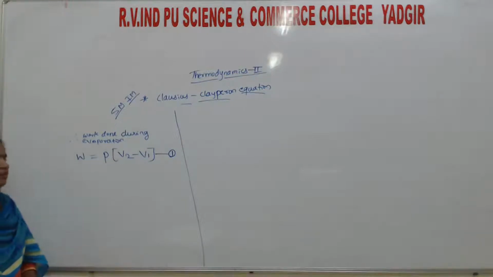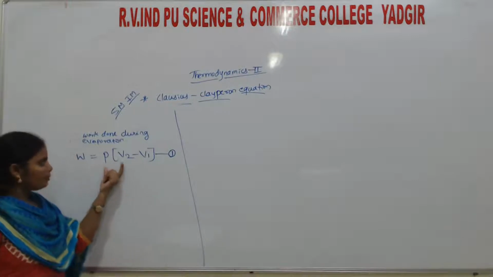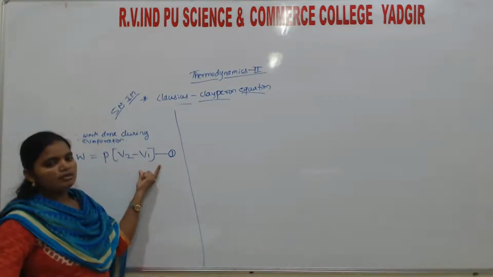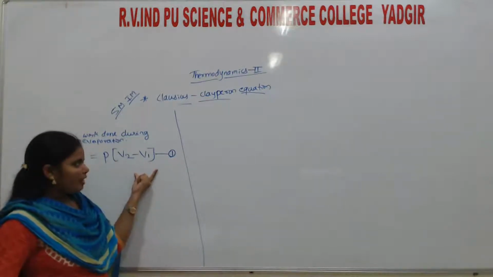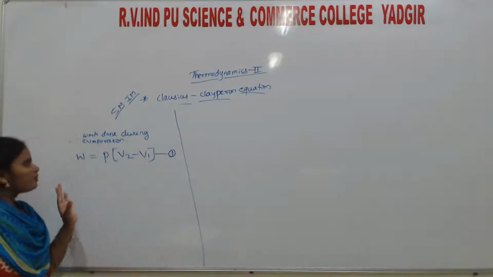Now differentiate this equation, W equals P into (V2 minus V1), with respect to temperature, where V2 minus V1 is a constant.